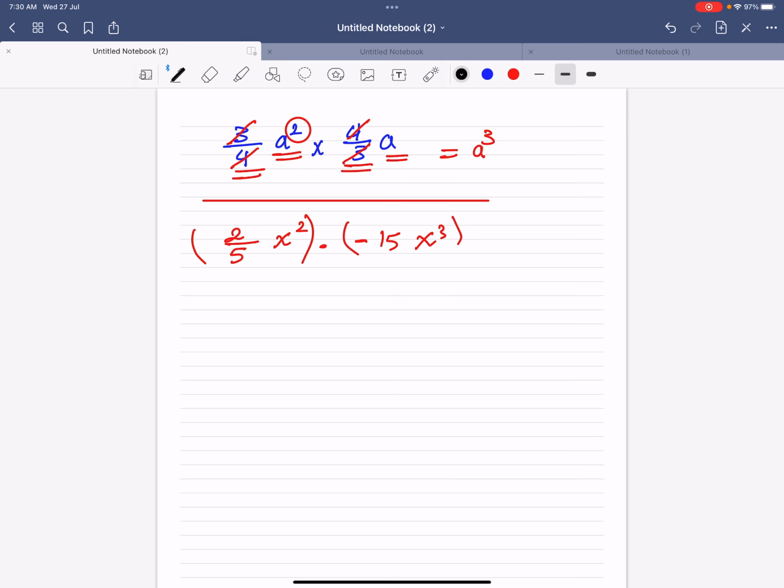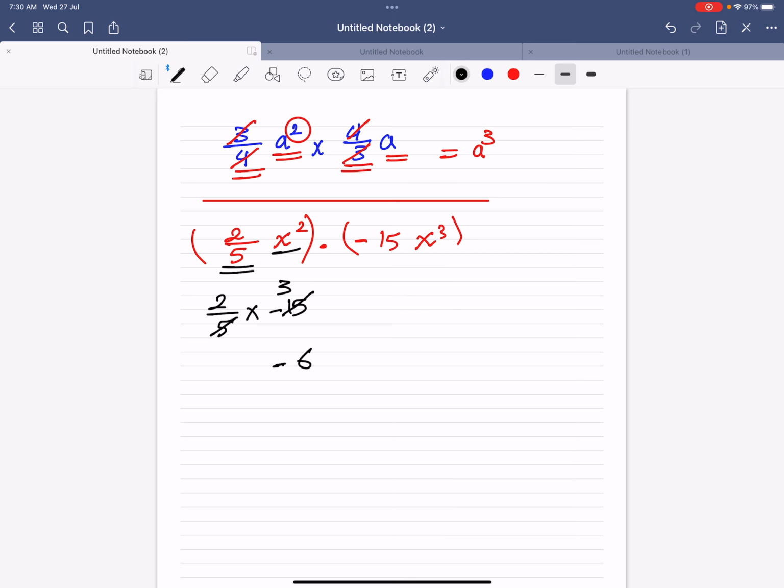I mean the first thing we will do is multiply the fraction times the whole number, so it will be 2/5 times the -15, and you have to make it simple. I mean we get right over there 15 divided by 5, so it will be 3. I'm going to cancel each other out and write over there 3, and you have to remember that -3 times 2 is going to be -6.